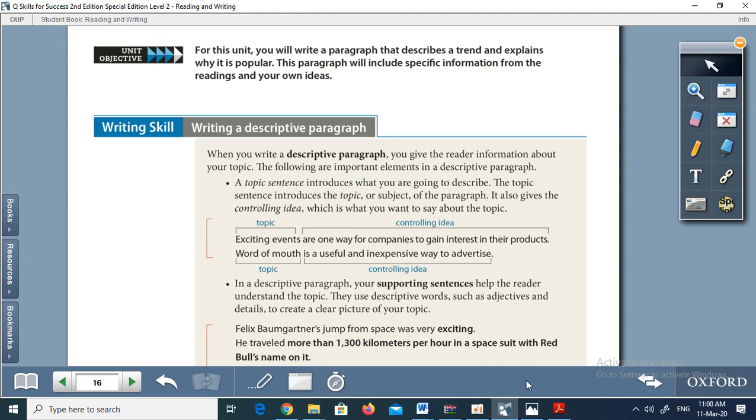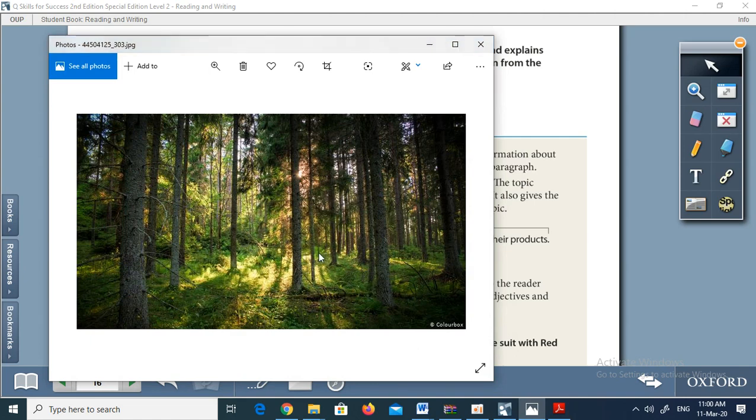But when you, for example, look at this picture and now you use the word forest, it's not only visible for the viewers, and also they can listen to the word forest.